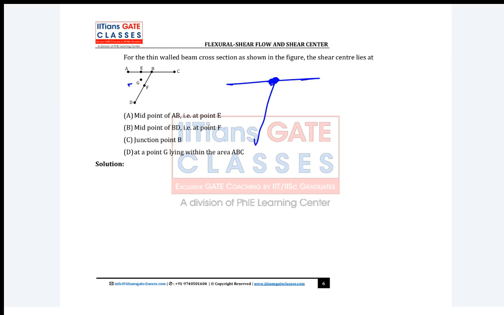I'll explain why. If you draw the shear flow distribution, all the shear flow will pass through this junction. So if you take the moment equivalence about this point, it will come 0. All the shear flow of this T section passes through it, so if you take moments about point B, it will be 0. Okay.